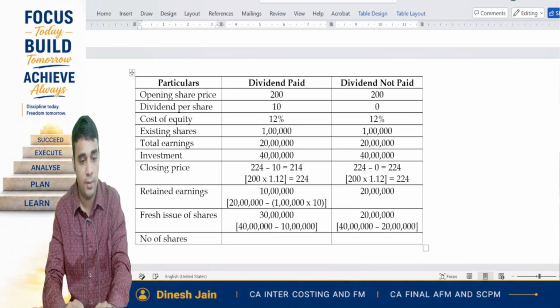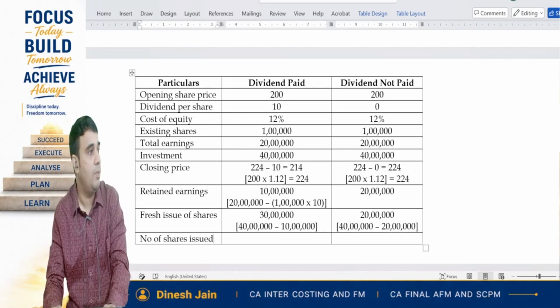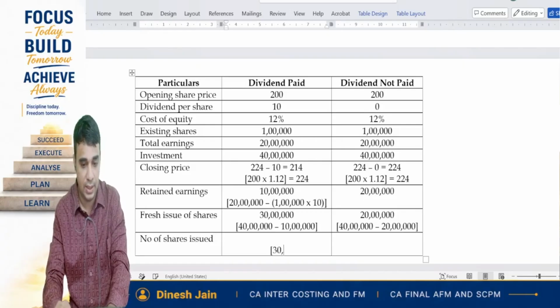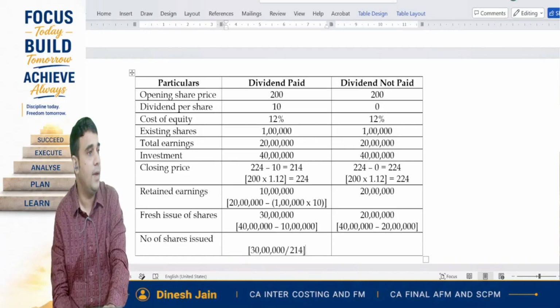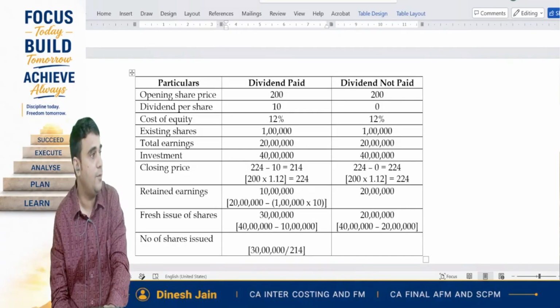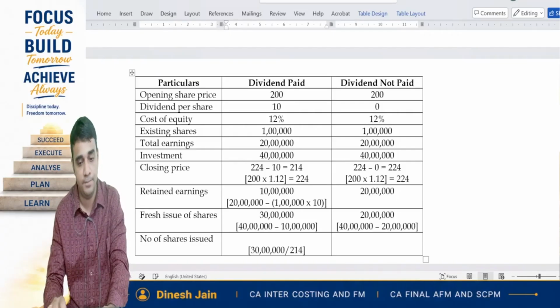Number of shares issued is 30 lakh divided by 214, at the end of the year. 30 lakh divided by 214. Can you tell me the number?